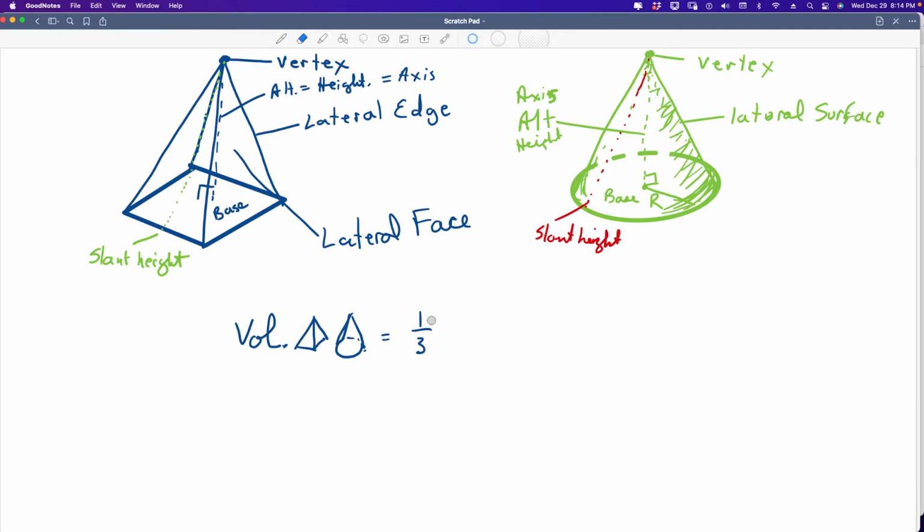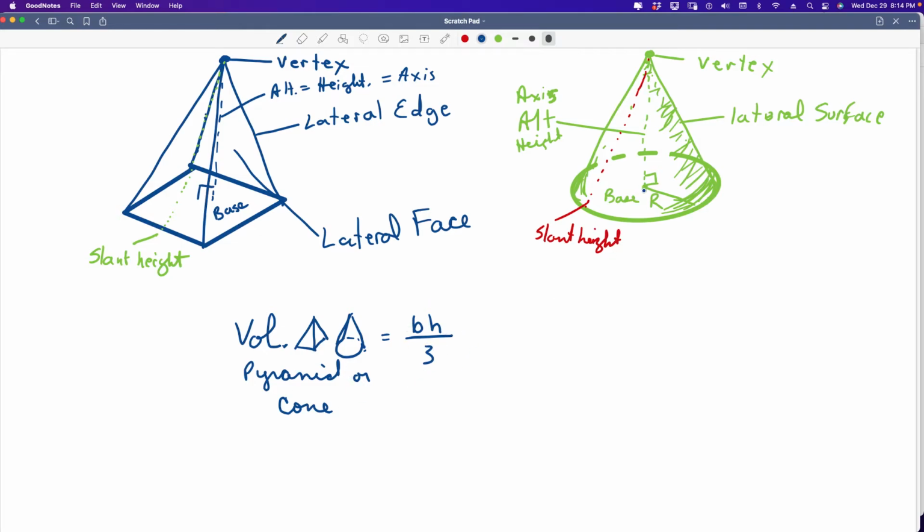So what we would do typically is we would say base times the height divided by 3. Right? That is the volume of a pyramid or a cone. So you don't have to worry about having a special dimension for that.